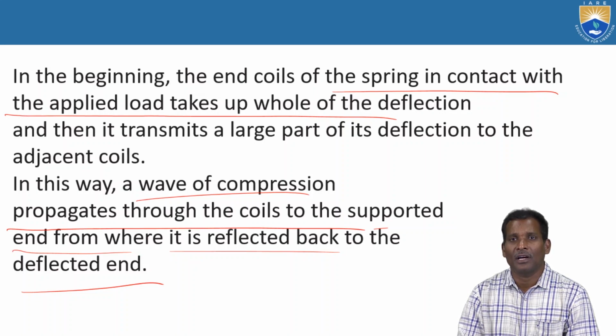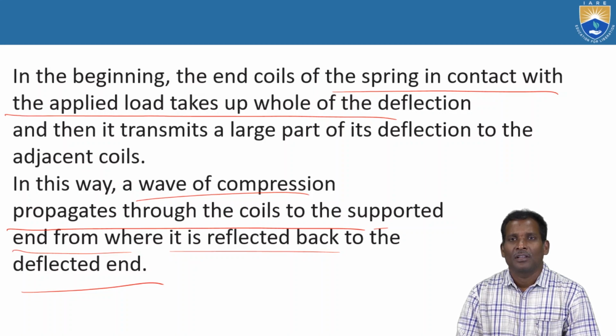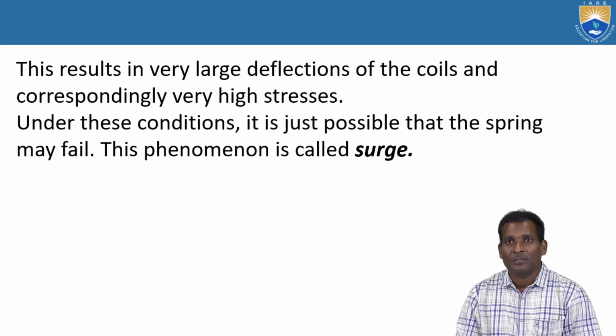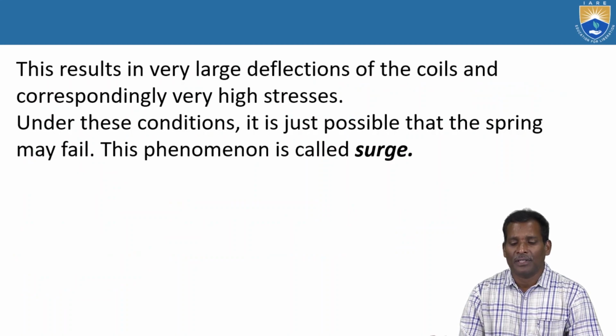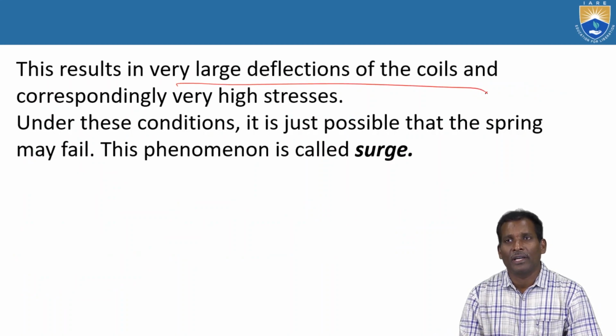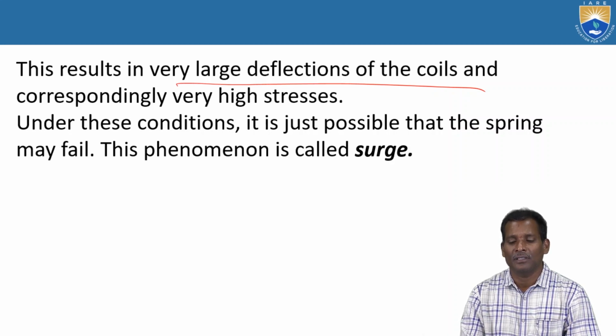This phenomenon is called surge. This results in very large deflections of the coils and correspondingly very high stresses. Under this condition, it is possible that the spring may fail. This phenomenon is called surge.